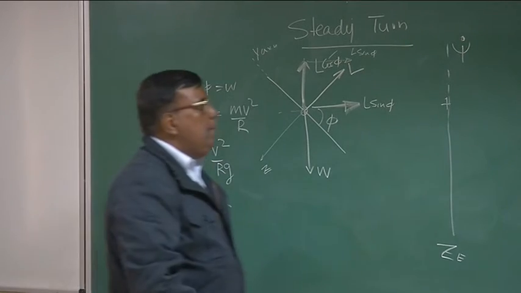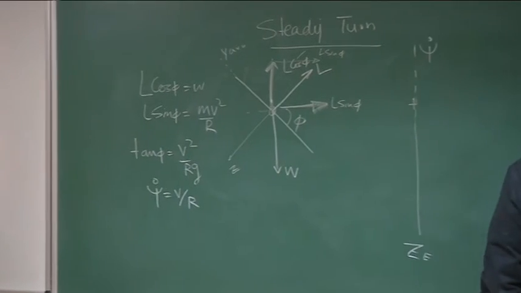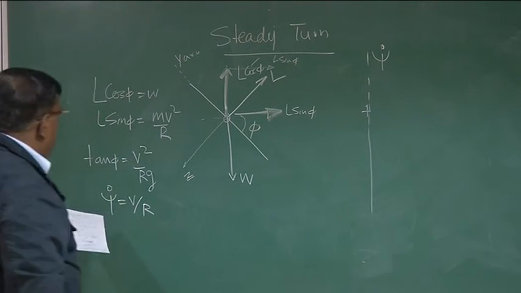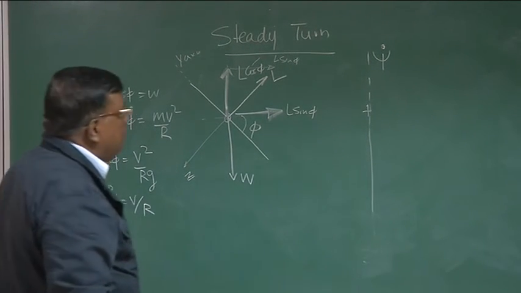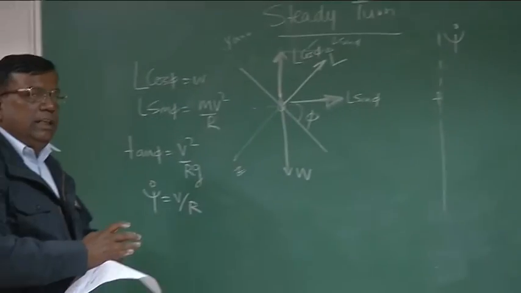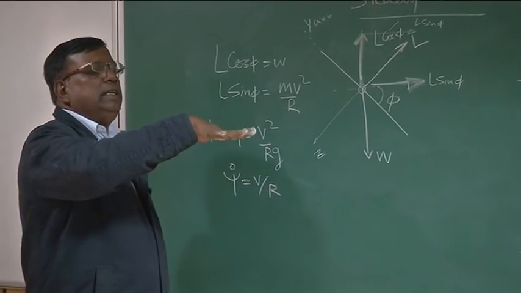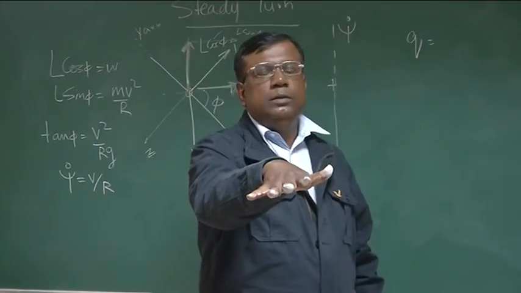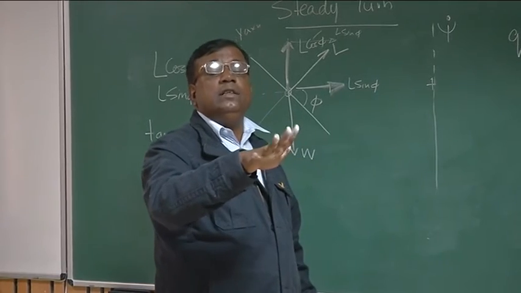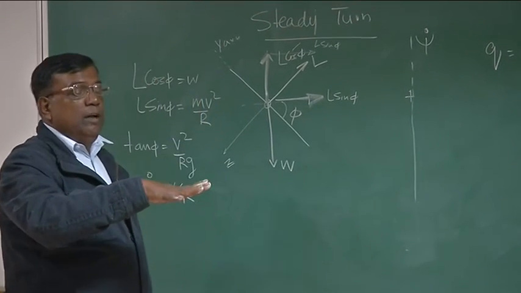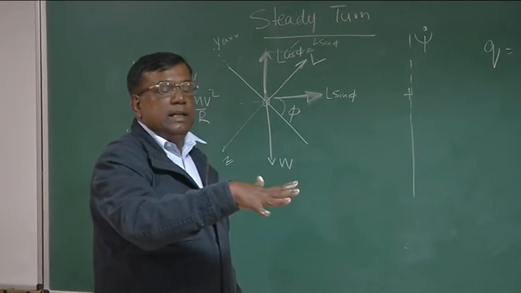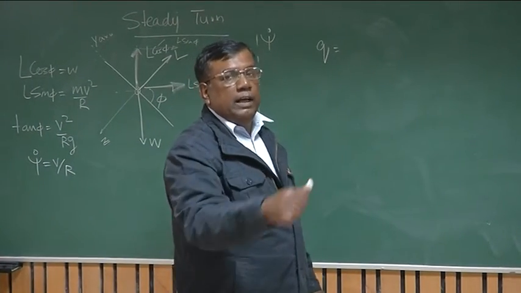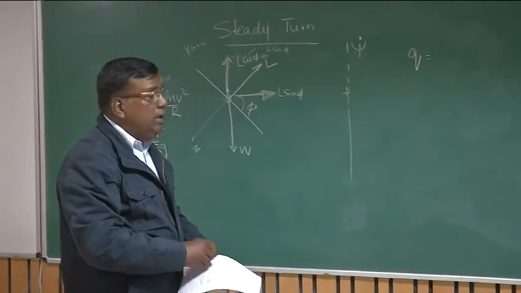Let me write a few expressions so that we don't get lost unnecessarily. So psi dot equal to V by R. What is q? Will there be any q in this? See, one thing you understand: if the airplane is like this and taking a turn like this, then there should not be any q about the local body y-axis. But if the airplane is banked like this and turning like this, then there will be a component about the local y-axis, which is along the span of the airplane.